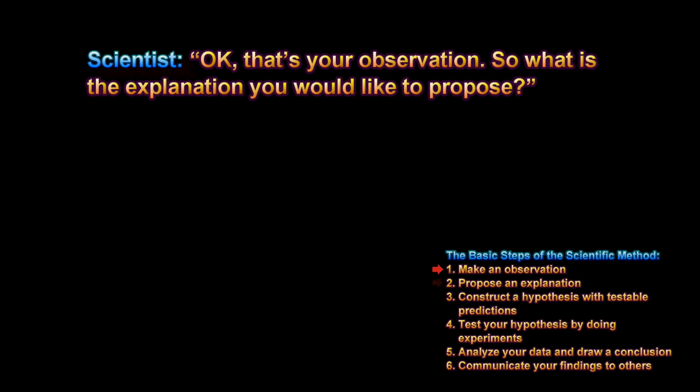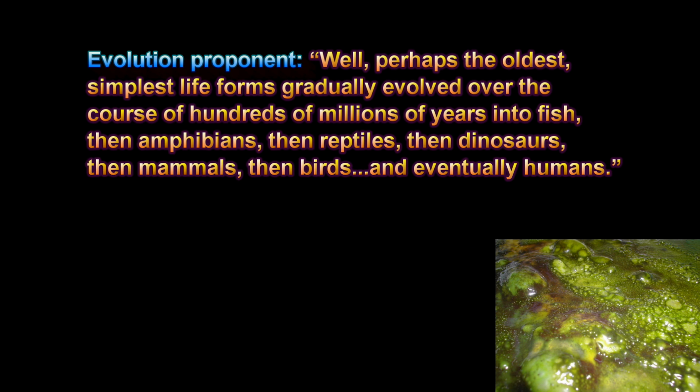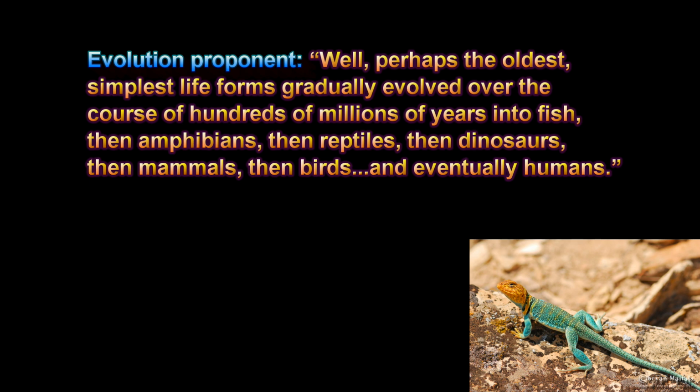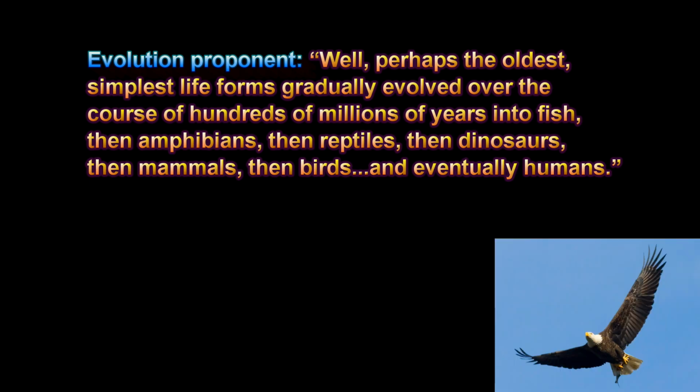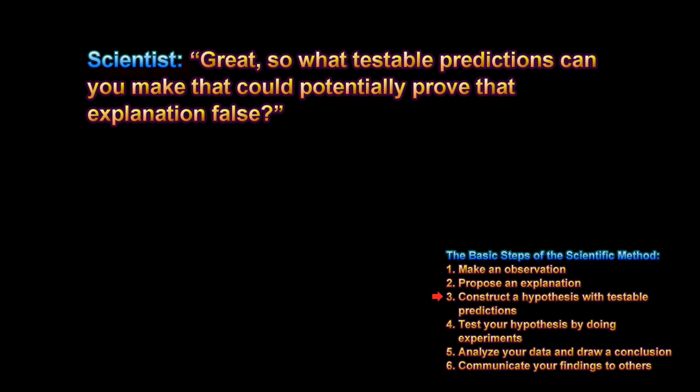Okay, that's your observation. So what is the explanation you would like to propose? "Well, perhaps the oldest, simplest life forms gradually evolved over the course of hundreds of millions of years into fish, then amphibians, then reptiles, then dinosaurs, then mammals, then birds, and eventually humans." Great, so what testable predictions can you make that could potentially prove that explanation false?